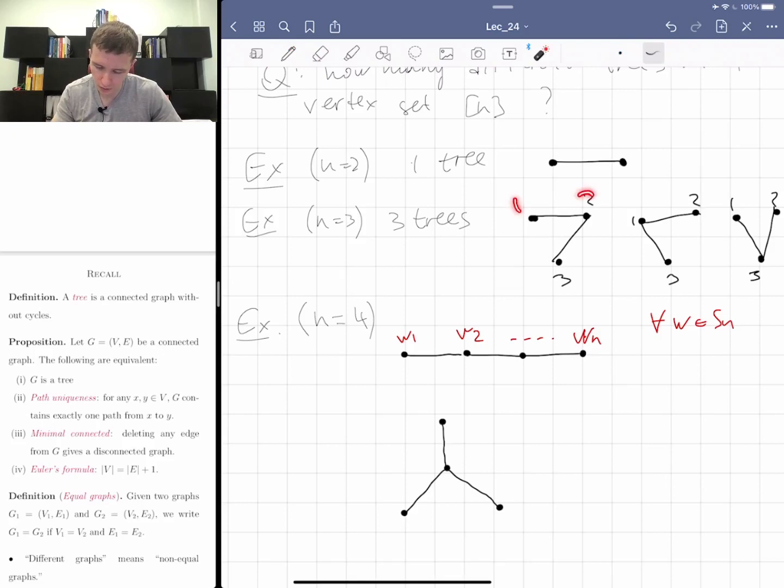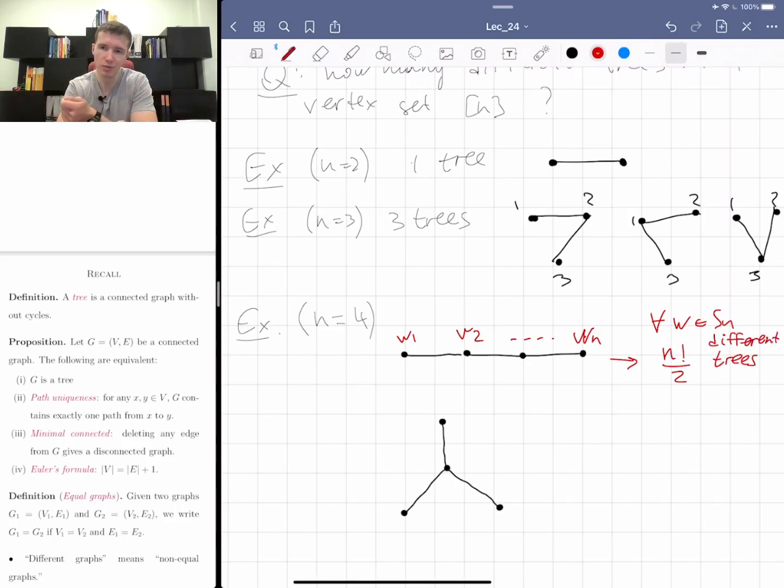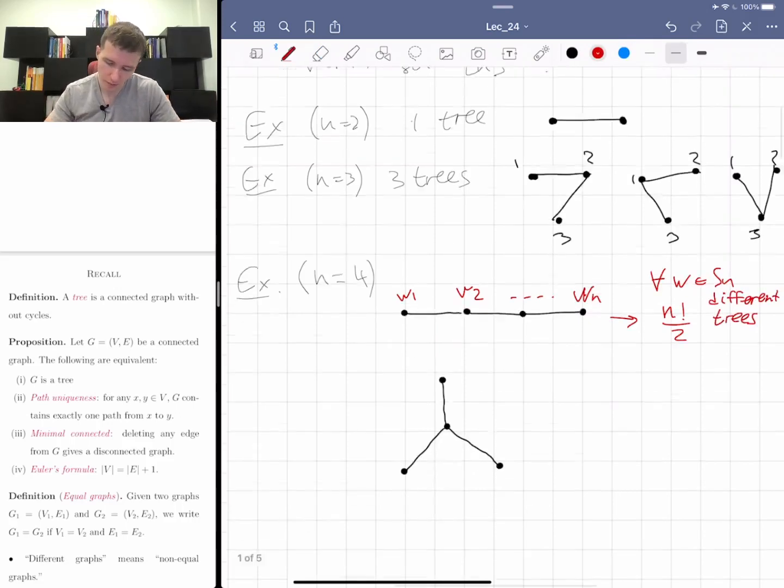So for example, 1, 2, 3 is the same as if I put 1, 2, 3 like this; I'm going to get the same labeled tree, just drawn in a different way. So the point is that every path gives me n factorial over 2 different trees, where you have to divide by 2 because of the reflection of the path.